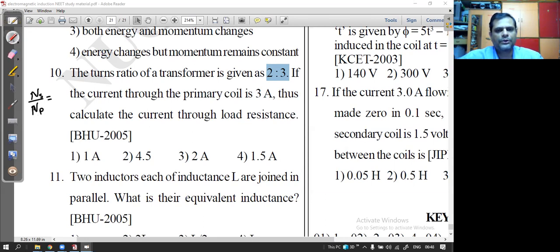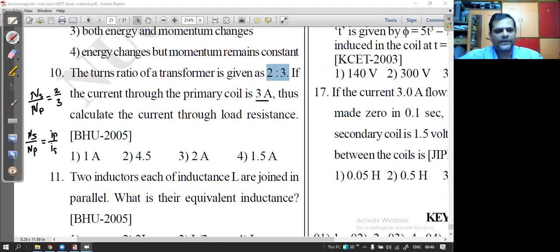If it is given to be 2:3 and current through primary is already given to be 3 ampere, we want to find out the current through secondary. We know that this turns ratio, NS to NP, is the inverse ratio of current, meaning IP to IS, right?